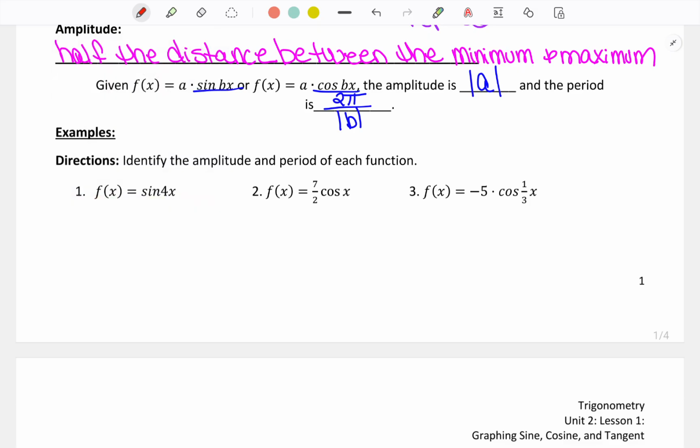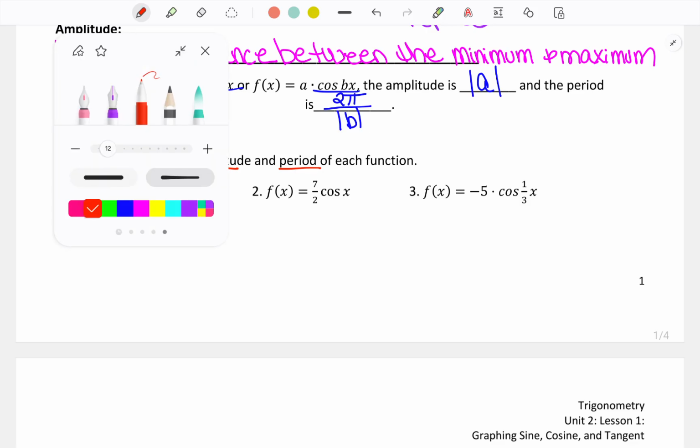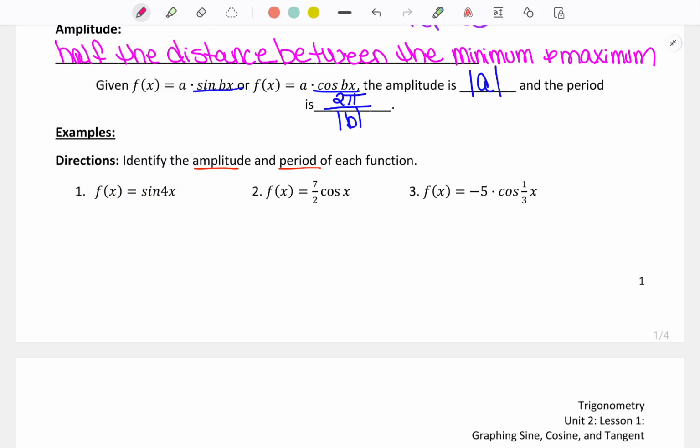So for number 1, we're going to identify the amplitude and the period of each function. So here on number 1, we actually don't have any number in that A spot. So our amplitude is going to be 1.